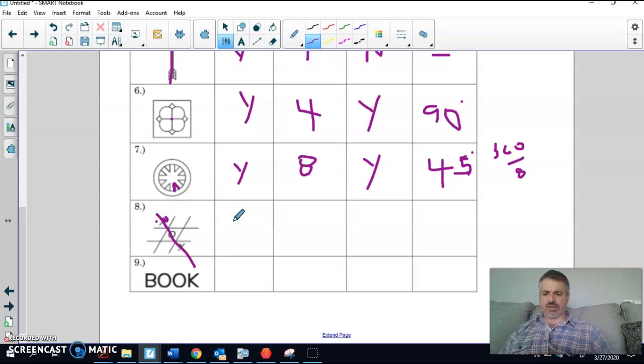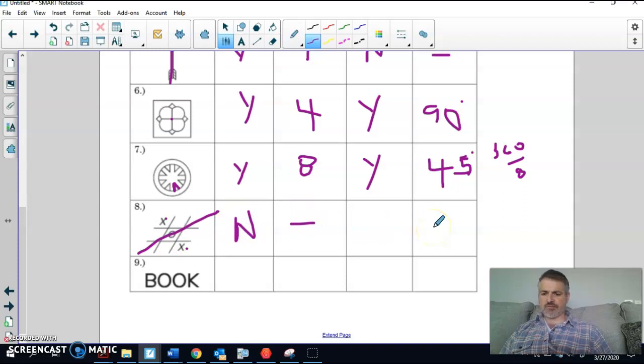So I don't think this has a line of symmetry. Let's try the other way. The other way that you would have a line of symmetry is this way right here. Try to think if I take that and map it over here. I don't think it would end up, so I don't think there's any lines of symmetry here.